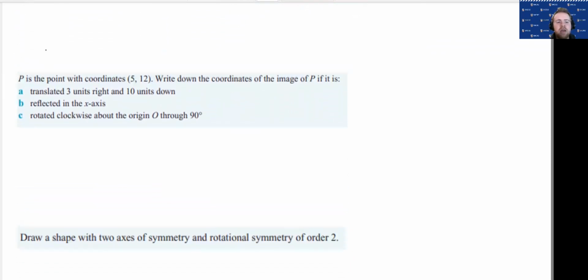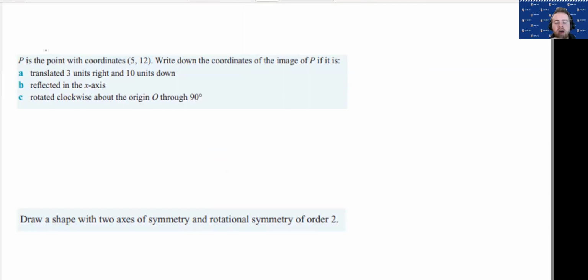Okay, for P is the point with coordinates 5, 12. So this time we're moving coordinates. So we've got to think 5, 12, if we had an axis, would be about here, okay? It's not to scale or anything, but we're in that quadrant. If we were to translate it 3 units right, that means we're increasing in the X value.